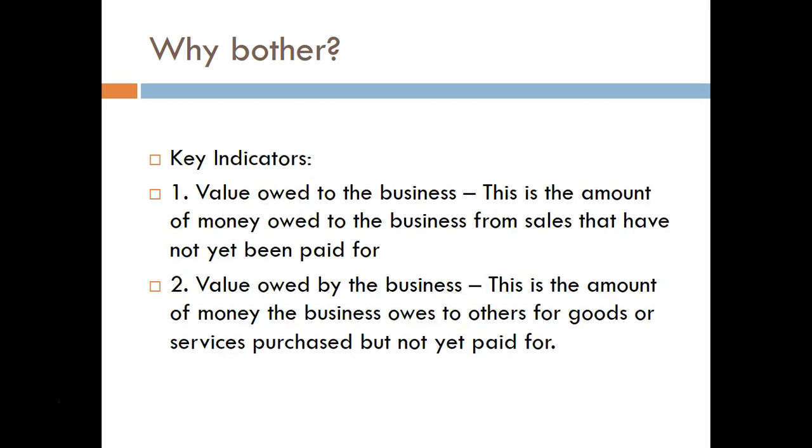Okay, another key point is that you'll see later on that we will look at other financial statements. Typically, when I say other financial statements, I mean what's referred to as the balance sheet. And the balance sheet tells us the value of a business. If you think about it, when you start a business, you might buy some assets, or you might buy things that the business needs, machines, a car and things like that.